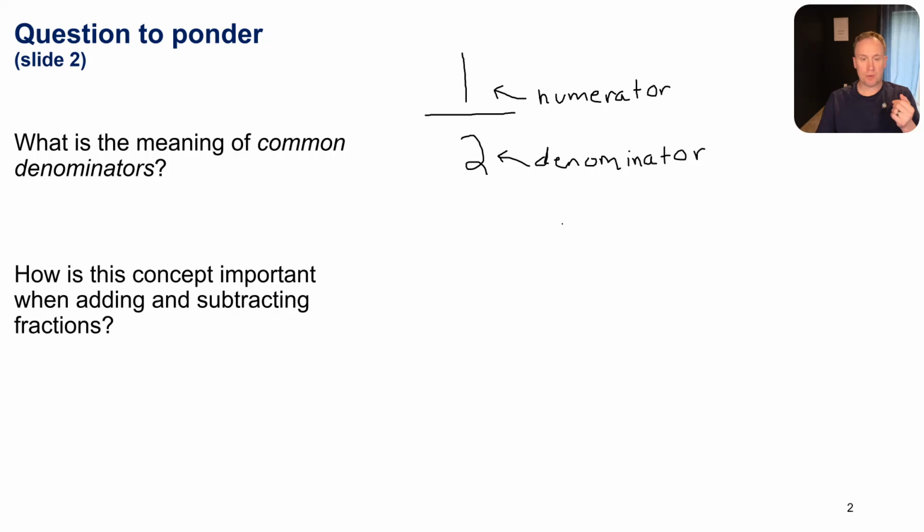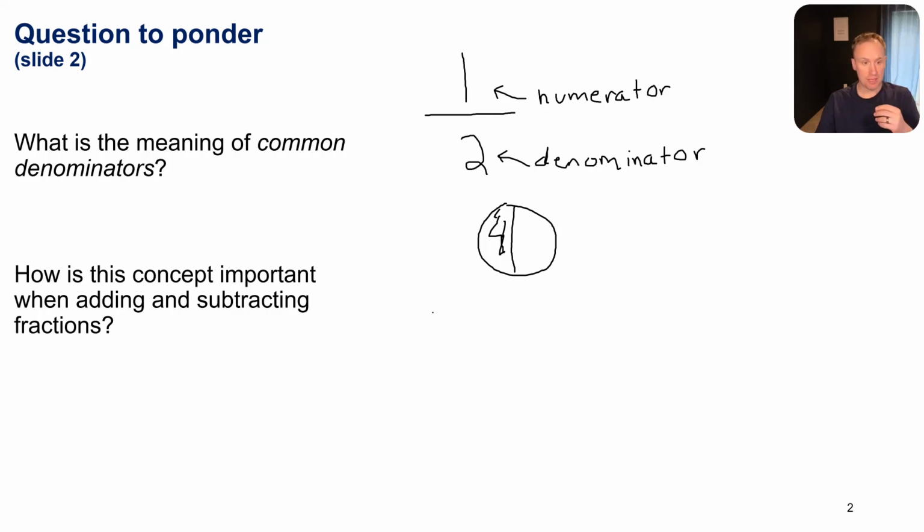So for example, for 1/2, if I draw a very badly drawn circle here, let's pretend those are two even divisions. This would be filled in right here, right? So that is half of a fraction. Now a common denominator means you are comparing two or more fractions.